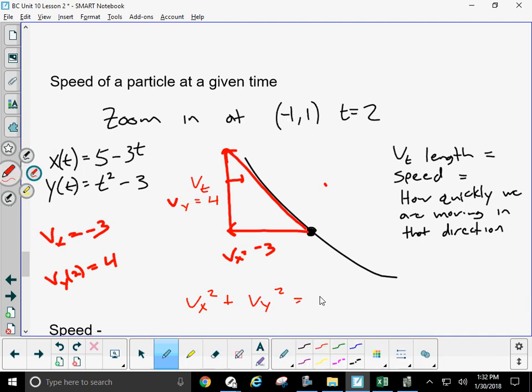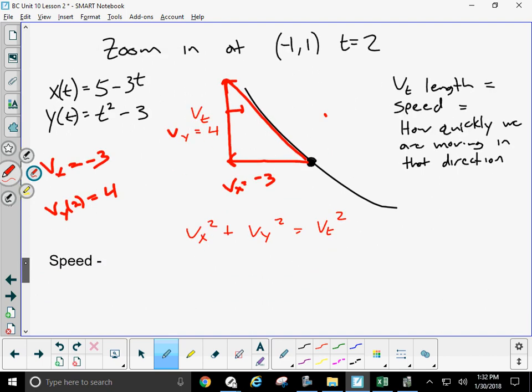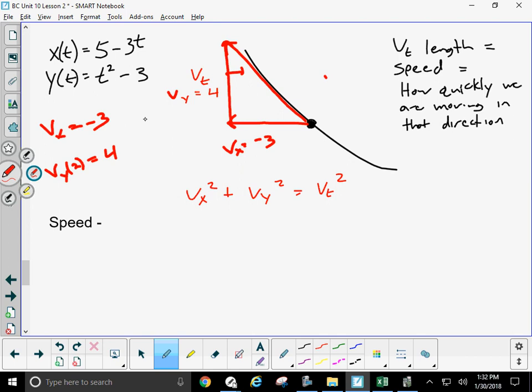Okay? And solving for v of t gives us, and we will use this notation for the magnitude, v of t length. Another way of calling v of t's length is the magnitude of v of t.